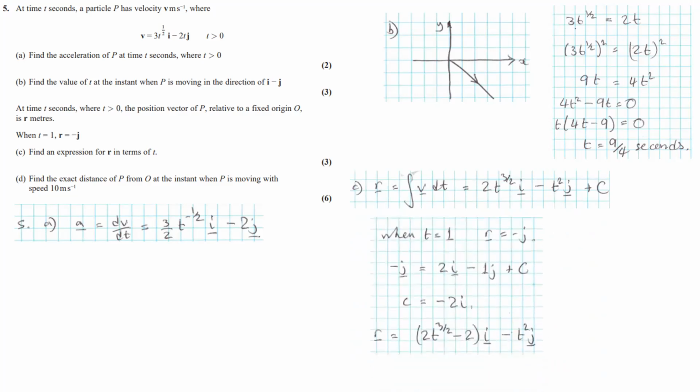So when t is equal to 1, r is equal to minus j. I put in minus j for r, and I substituted in 1 for the t, and I got that. Can you see that you've got minus 1j on the left hand side of the equals and minus 1j on the right hand side, so they're balanced.